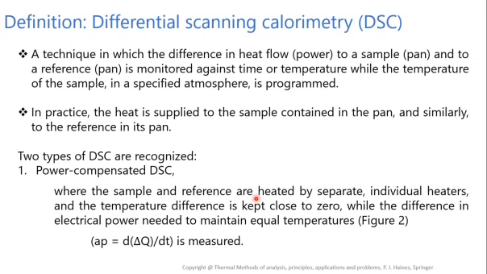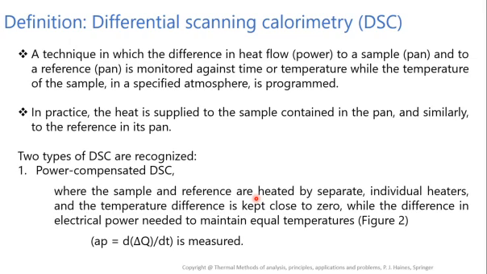In the power compensated DSC, what happens? The sample and the reference are heated by separate individual heaters. There are two different heaters, as we will see in the figure in the next slide. So they are heated using different heaters, and the temperature difference is kept close to zero.